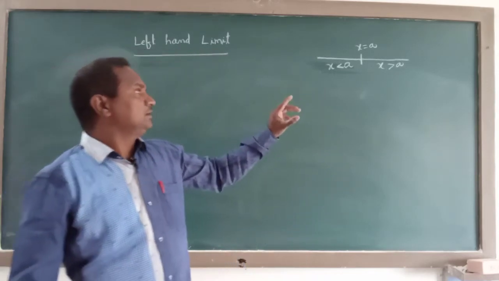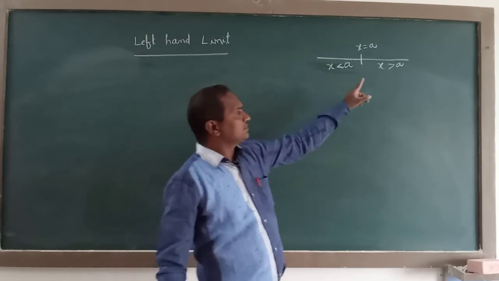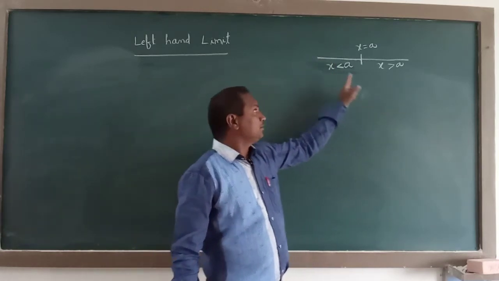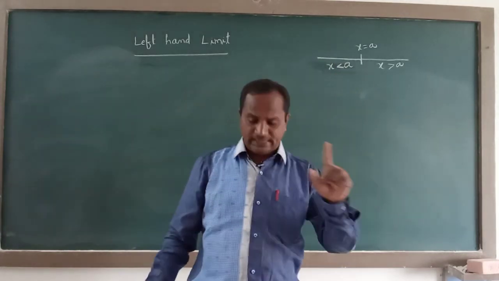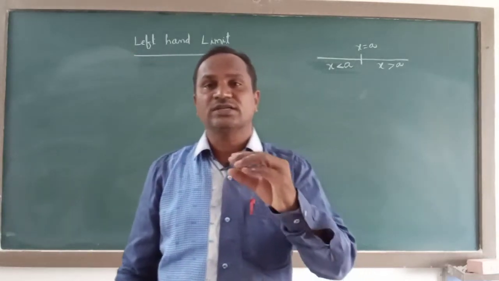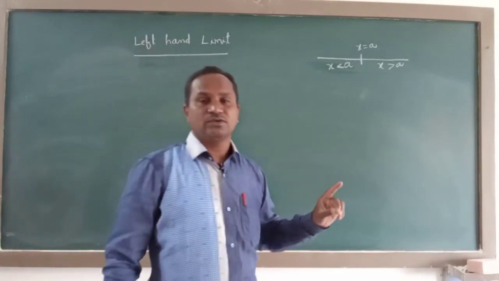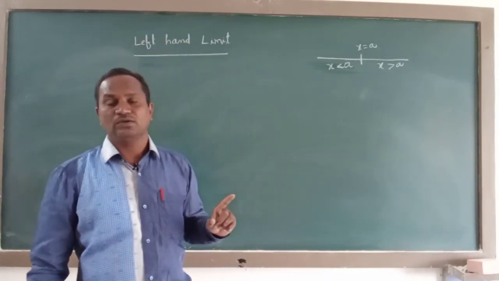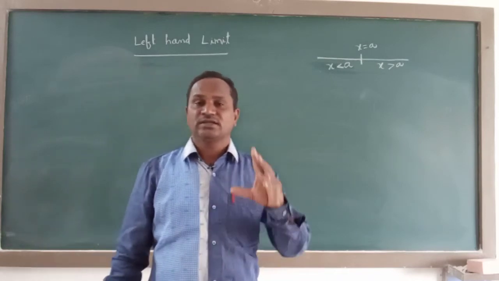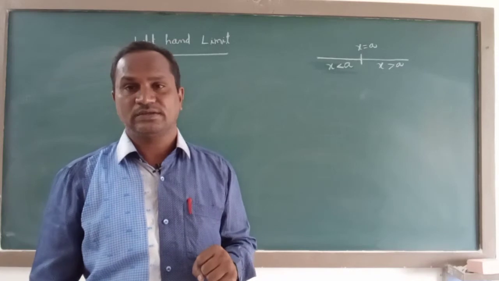LHL corresponds to the less than symbol and RHL corresponds to the greater than symbol, but what about exactly equal to? Exactly equal to means that value is considered as the function value. So when LHL is equal to RHL is equal to the function value, then we say that the given function f of x is said to be a continuous function.